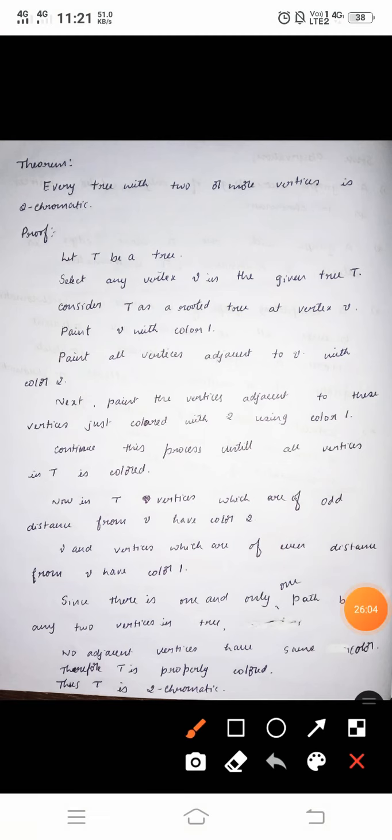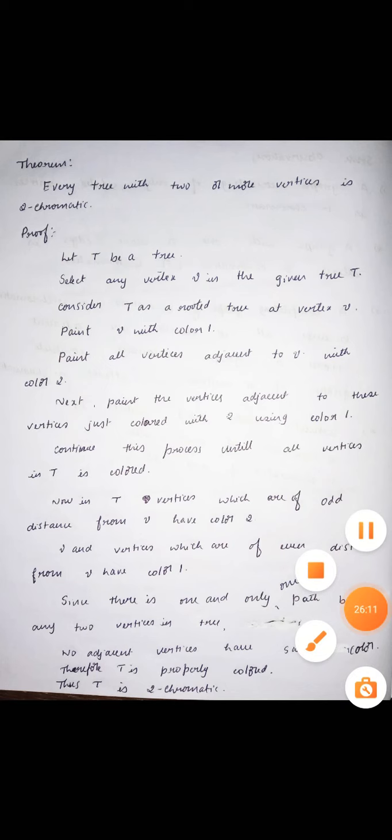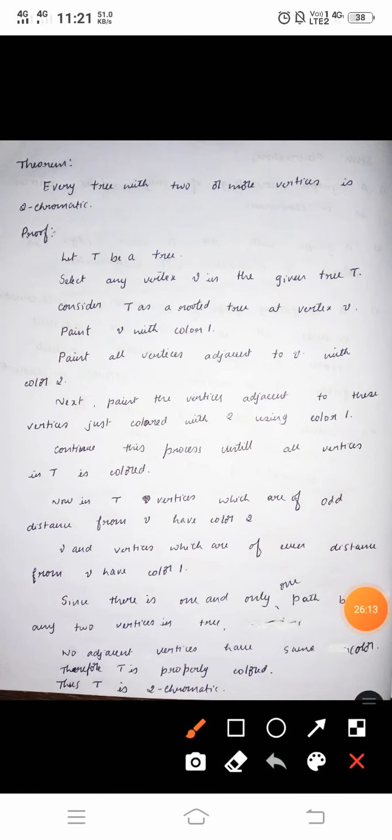ಇಲ್ಲಿ ನೋಡಿ, continue until all the vertices in T are colored. Now in T, vertices which are of odd distance from V have color 2, and V and vertices which are of even distance from V have color 1.